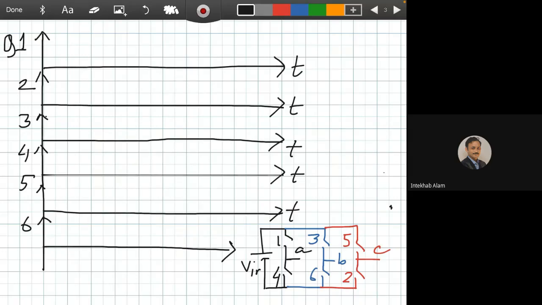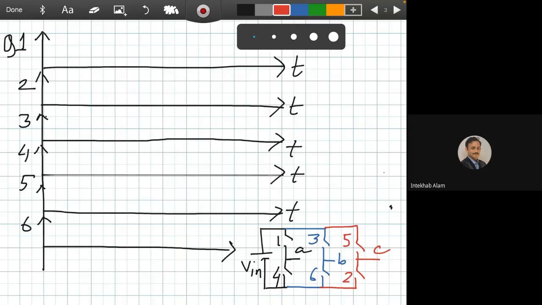So 1 and 4 must be in invert logic, and 3 and 6, and 2 and 5. If we draw the conduction of switch 1, we have to know about the conduction of each switch. Here we call it conduction angle.